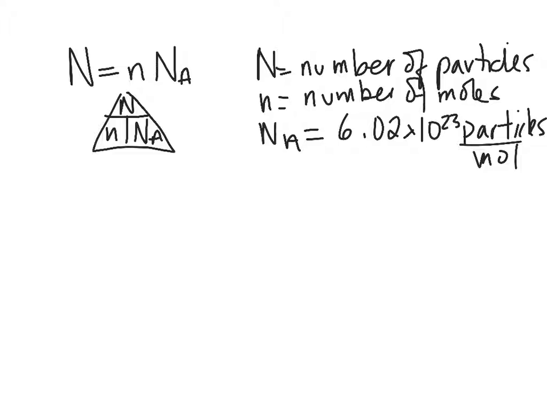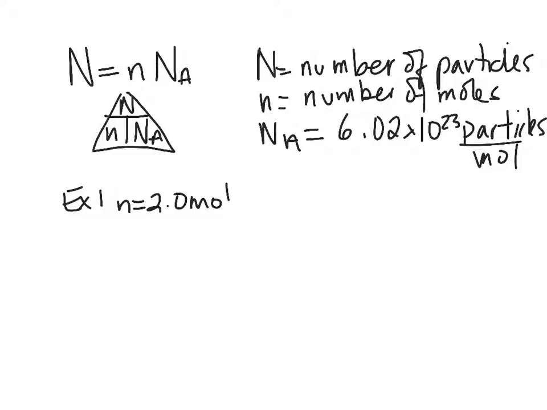So what do we know here? We know that there are 2.0 moles. So we know n is 2.0 mol. We know the substance is water, so we know Avogadro's number of particles should be molecules.